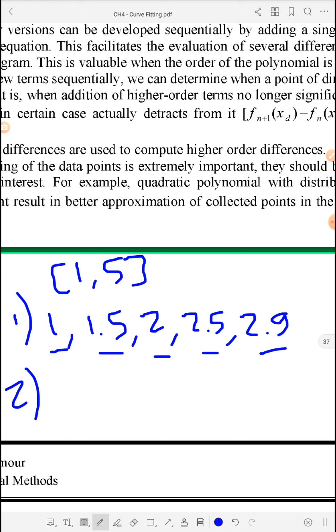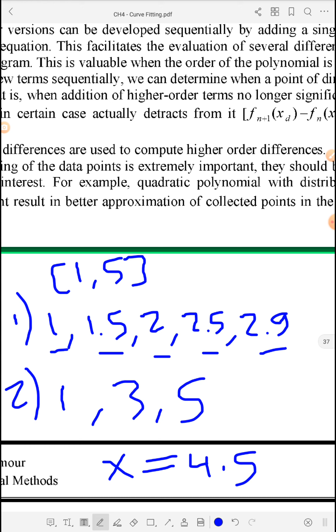In the second case, we used only 3 data points, with base points of 1, 3, and 5. And we are interested in finding the value of the function at x equal to 4.5.